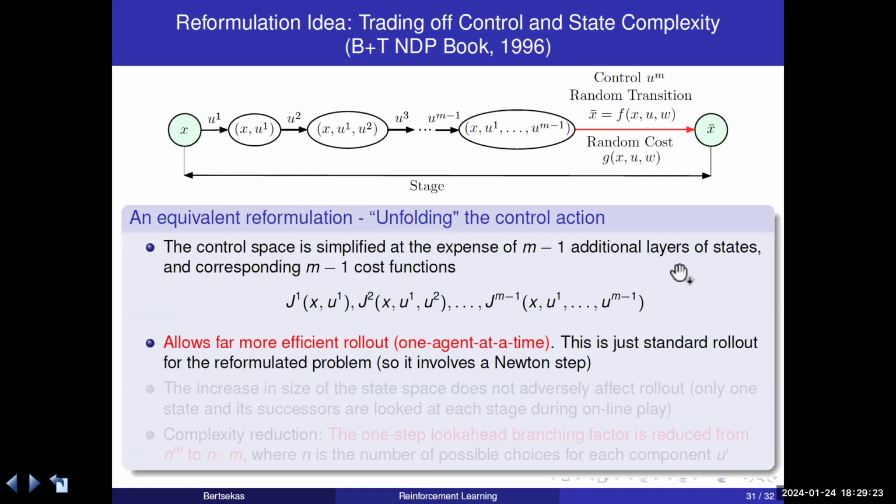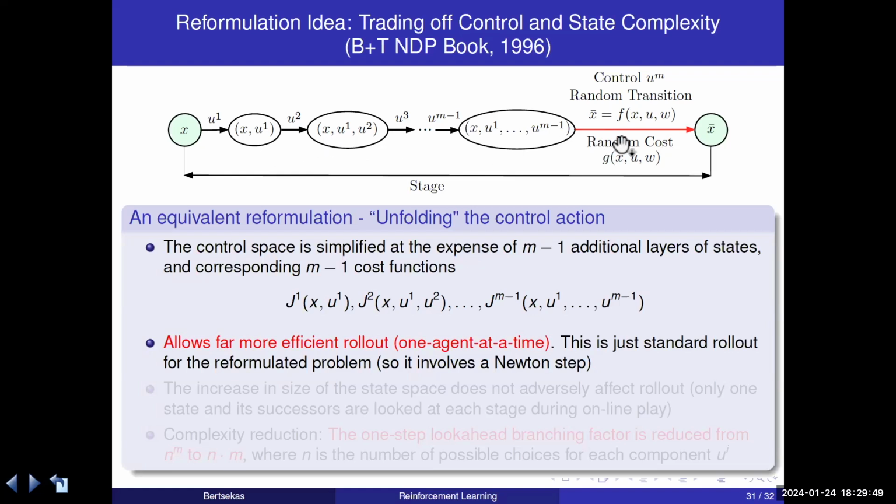On the other hand, rollout for this problem, well, this problem is equivalent to the original. Rollout one agent at a time, where you choose U1 and the remainder is chosen according to a base policy. Then you choose U2 and the remainder is chosen according to a base policy, but what you've chosen before, you know what you've chosen already.